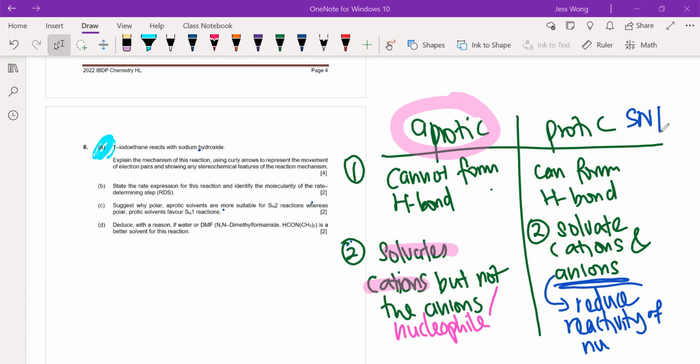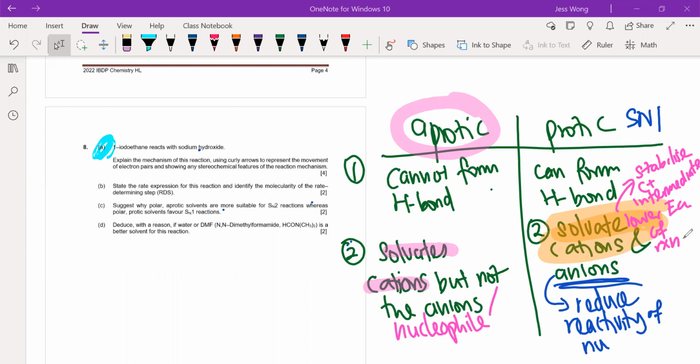Here we have something that can solvate the cation, so it can solvate the carbocation. This property will help to stabilize the carbocation intermediate, and as it stabilizes the carbocation intermediate, it will lower the activation energy for the reaction. So it will speed up SN1.